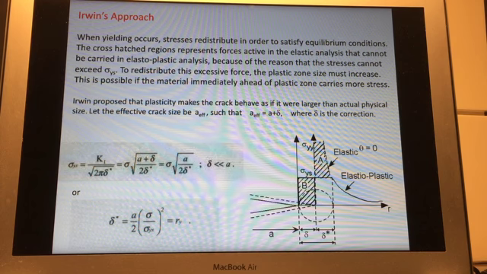So Irwin proposed that plasticity makes the crack behave as if it were larger than the actual physical size.